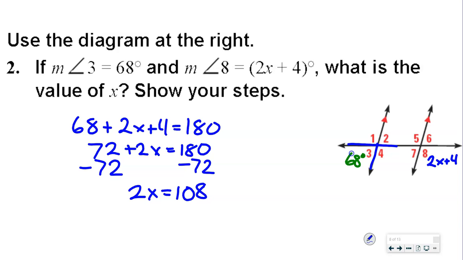And then divide by 2. So I should get x equals 54. And if I want to plug x in for 2x plus 4, I should end up with a number supplementary to 68, or the supplement of 68, which is 112.